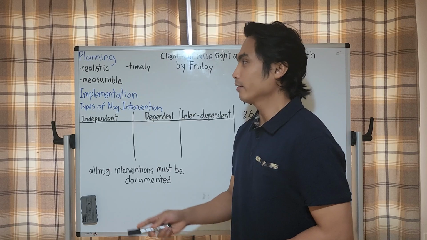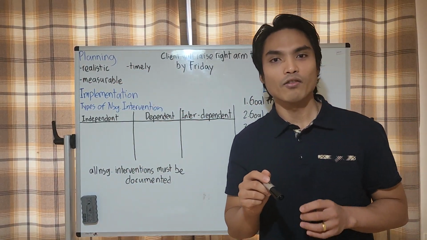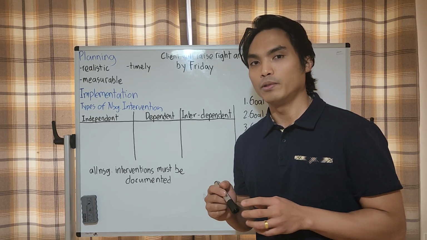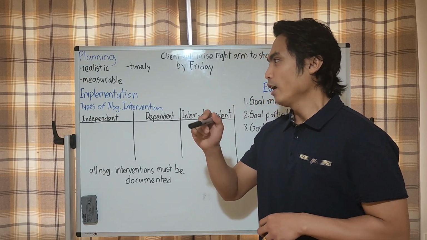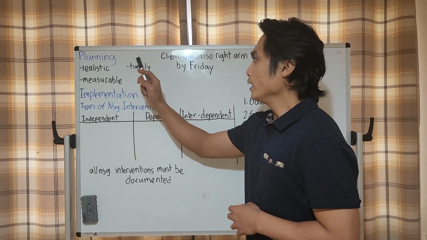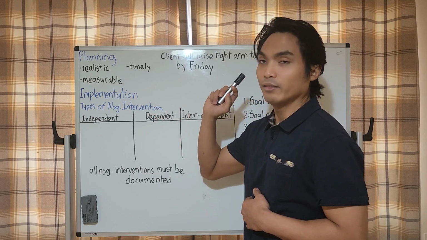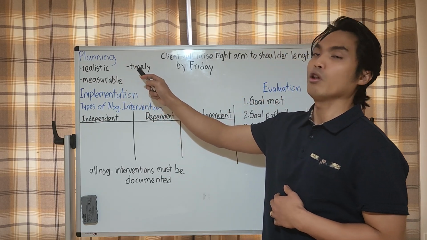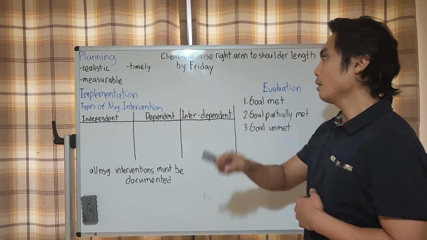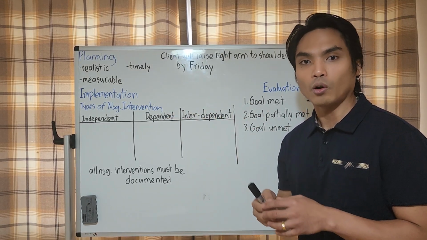Next, we will discuss planning. Planning is the setting of your goals and objective. Your nursing goals and objective. And three things we need to discuss about the nursing goal is that it should be realistic, measurable, and timely. For example, our client has had stroke.